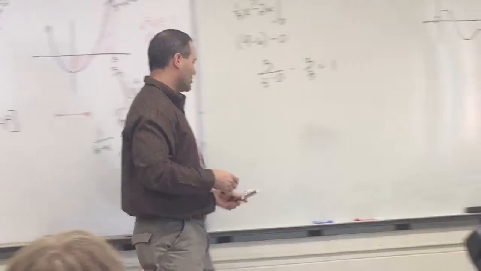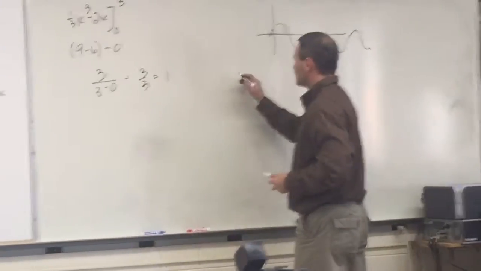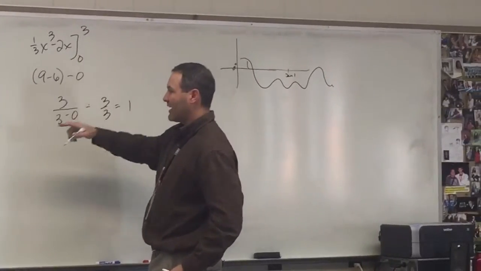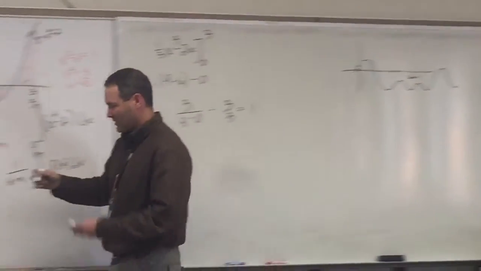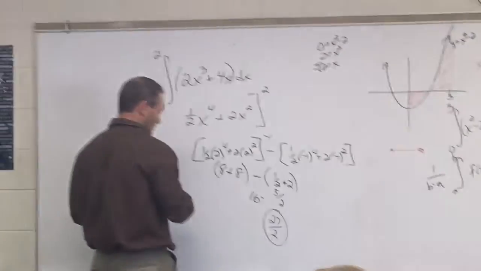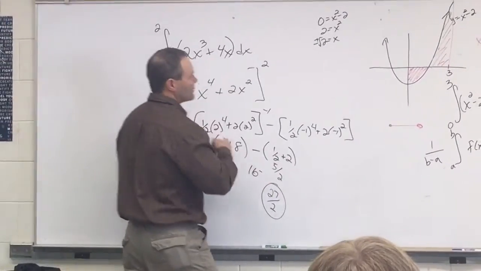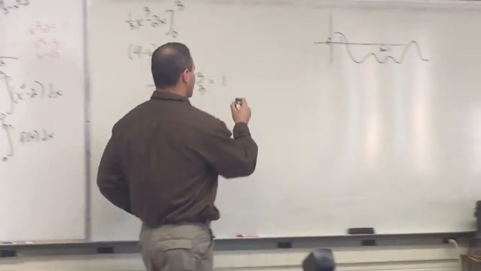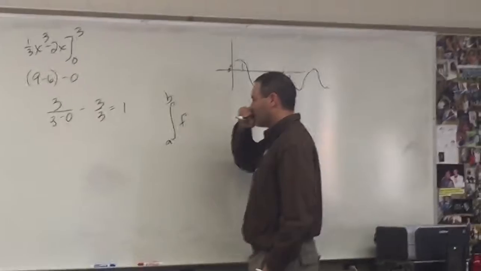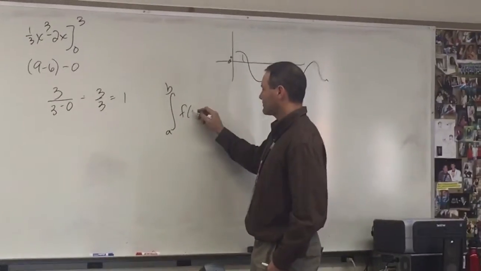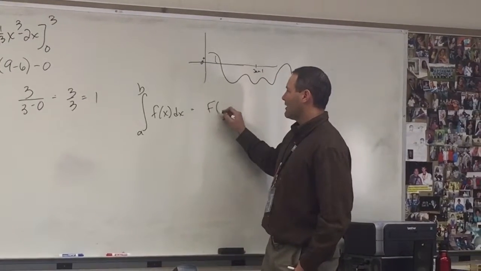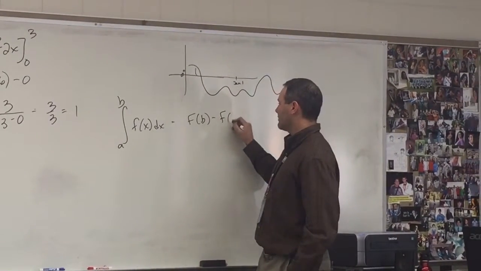Somebody asked, why don't you do a plus c? I'll just do general, I guess. From a to b, f of x dx would be capital F of b minus capital F of a.